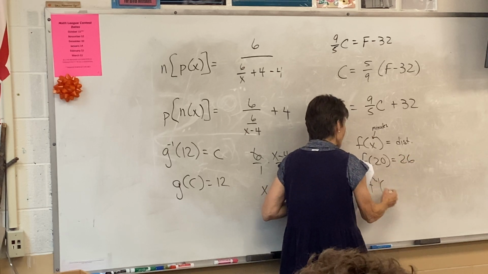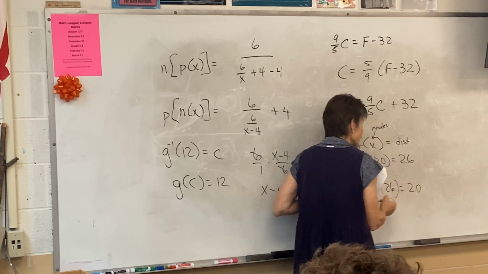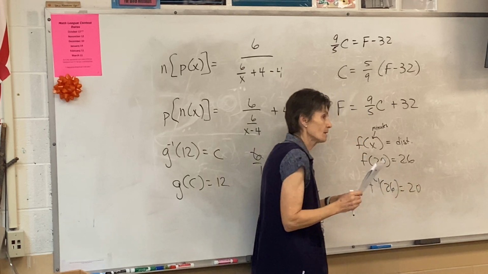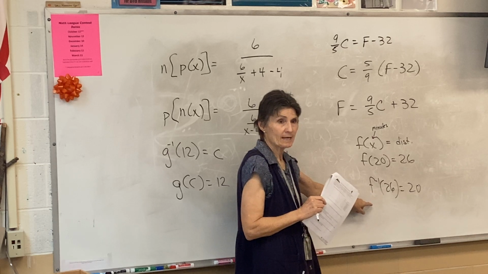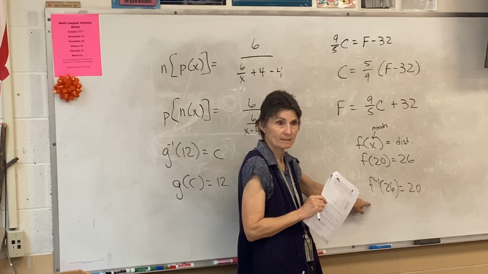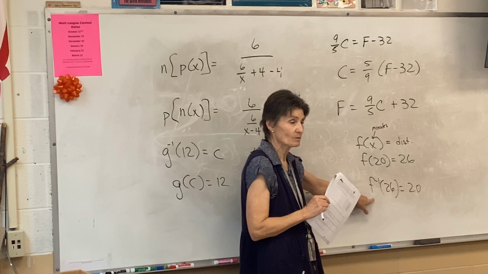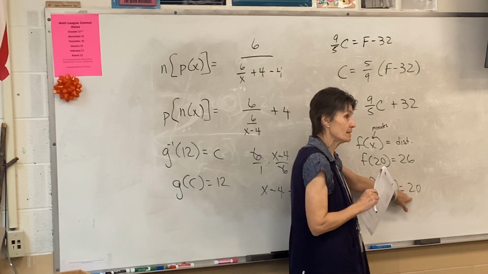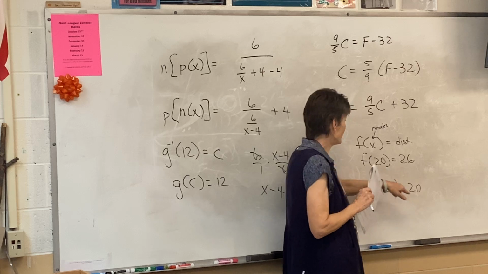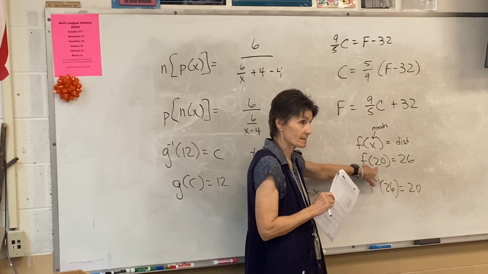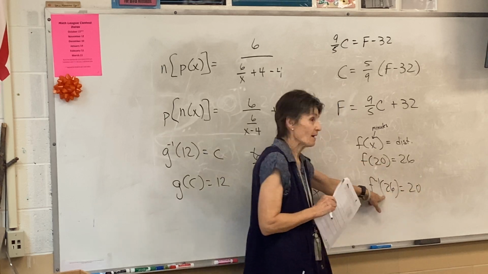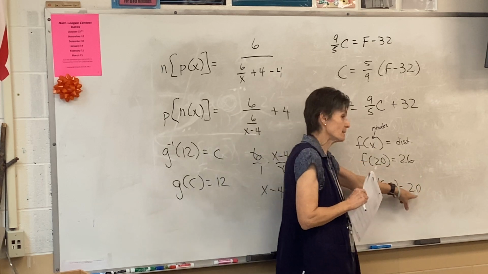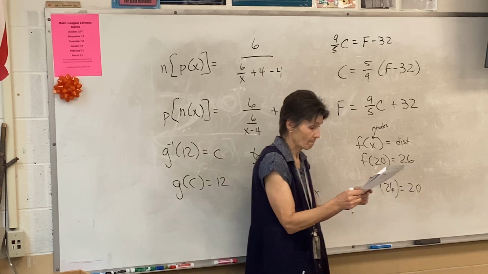So if I turn that around, it'll say this. It's going to take me 20 minutes to go 26 miles. This says if I have 20 minutes, I can go 26 miles. If I have to go 26 miles, it's going to take me 20 minutes.